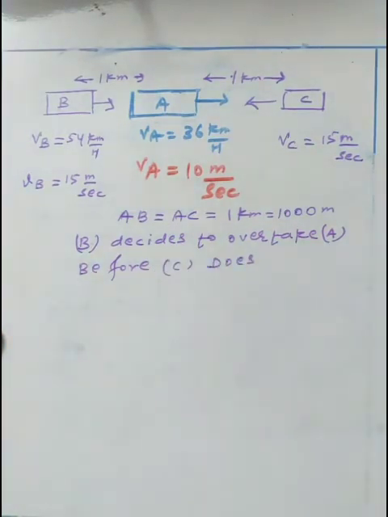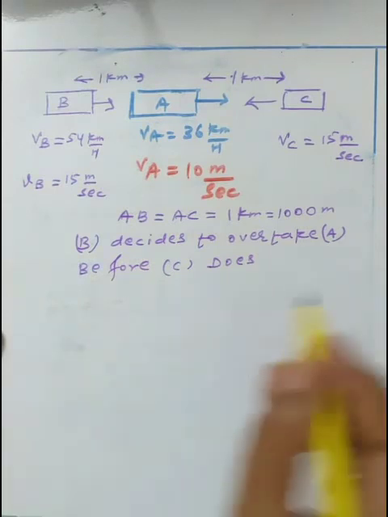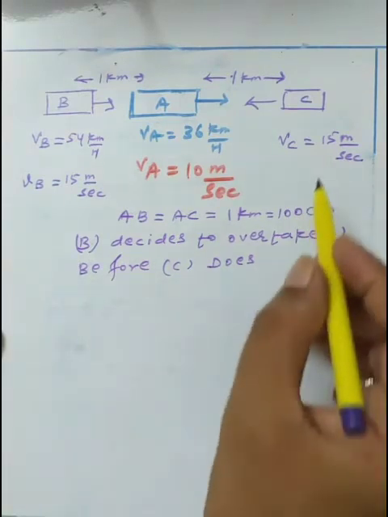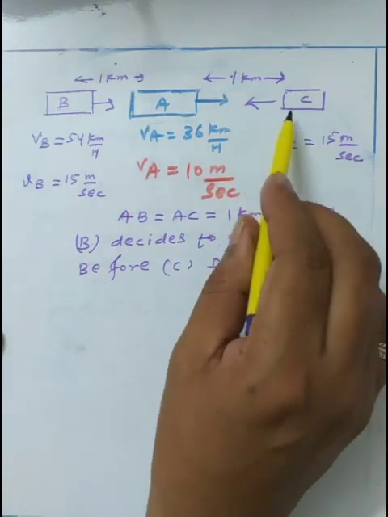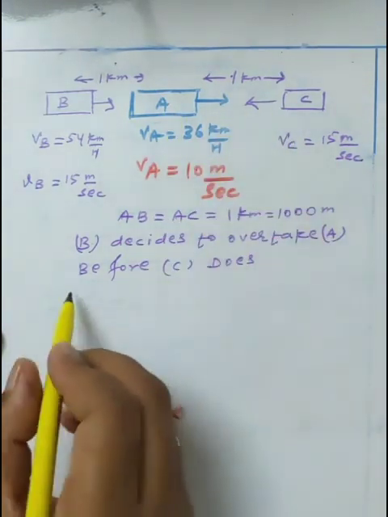So first we have to find the relative velocity of C with respect to A, to get the time from C to A or A to C.